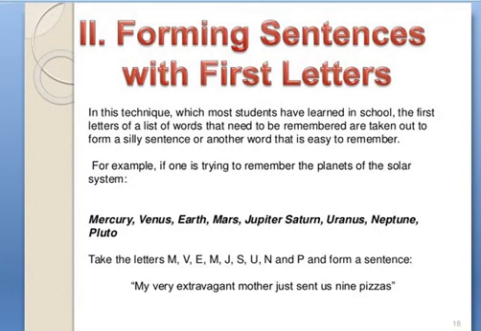If one is trying to remember the planets of the solar system, they can learn this in this way. Take the letters M, V, E, M, J, S, U, N, P and form a sentence: My very extravagant mother just sent us 9 pizzas. So we can learn all the names in this sequence. So this is the first letter technique.